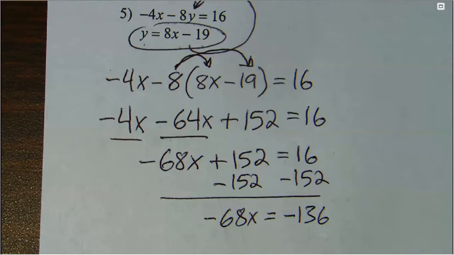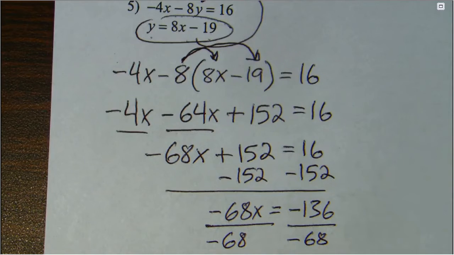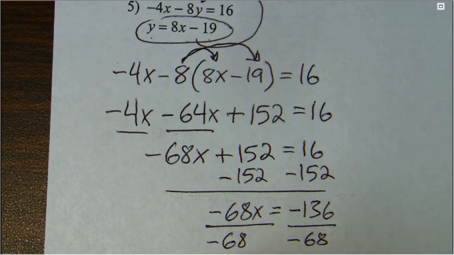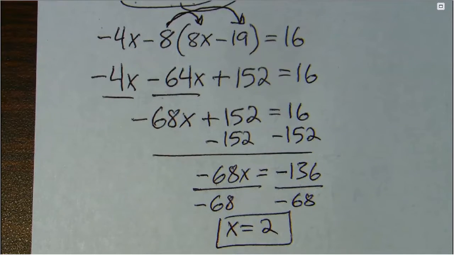You could always solve by graphing if you really want to. It's always an option. Okay, how do you get rid of a multiplying negative? Divide, right? What's 136 divided by 68? They're both negative, right? So you should get a positive 2.